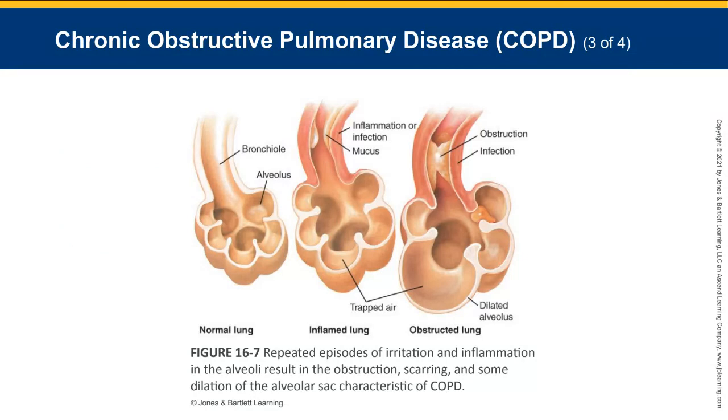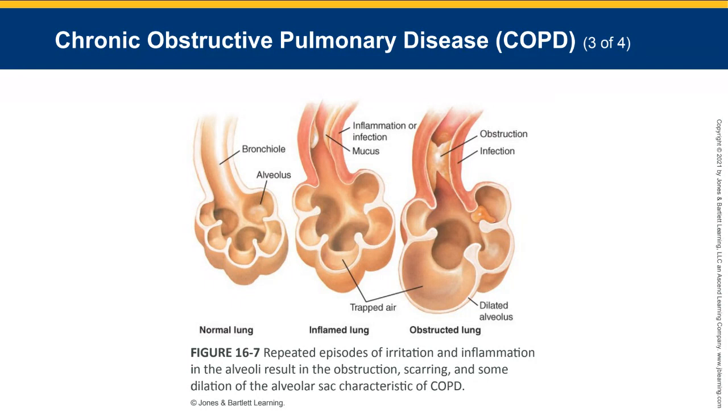Now, if you look at this diagram, you can see where there's a mucus plug. The one in the middle, you can see where the air is being trapped. So the patient doesn't have an issue getting the air in. The problem is going to be when they need to get the air out, because it pins shut when they try to exhale.